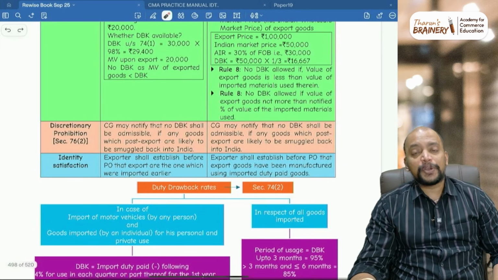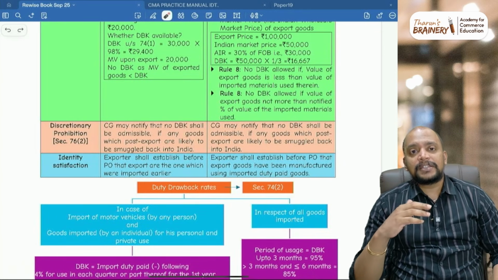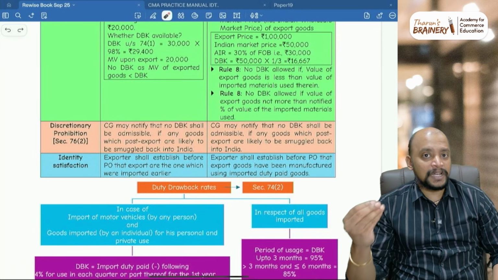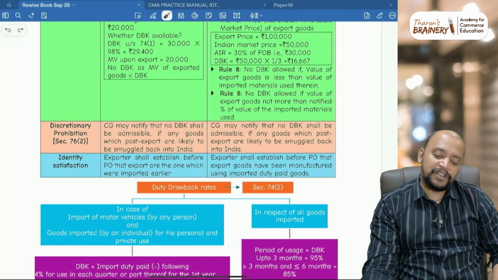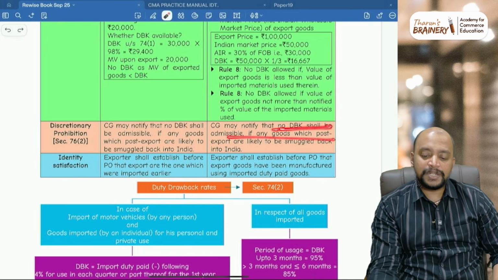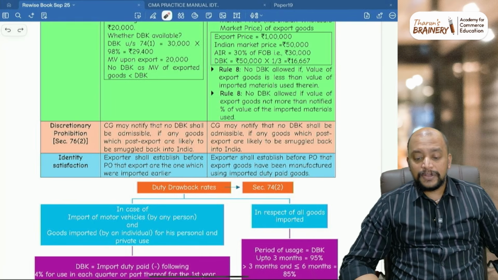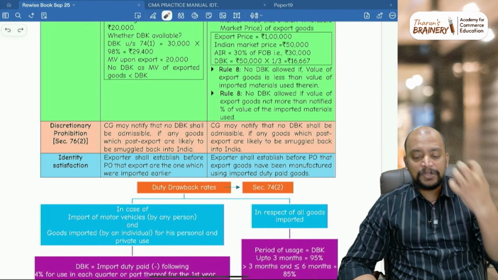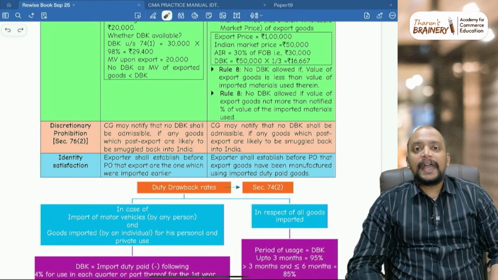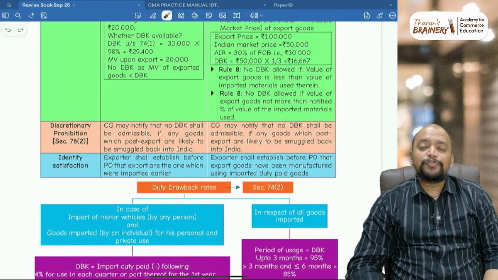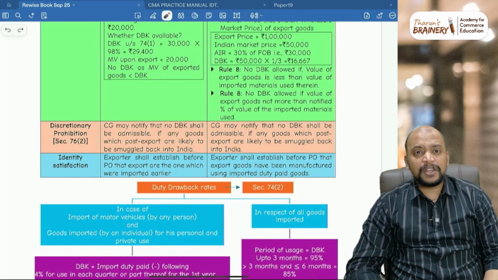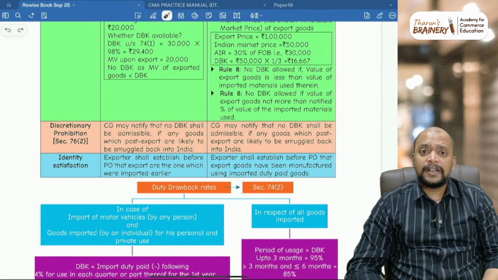Then discretionary prohibition, same. That is, if the goods are likely to be smuggled back, duty drawback is not available. Central government may notify that no duty drawback shall be admissible if any goods which post export are likely to be smuggled back into India. And identity satisfaction, we need to prove to the satisfaction of the officer or not required. Not required. Why?